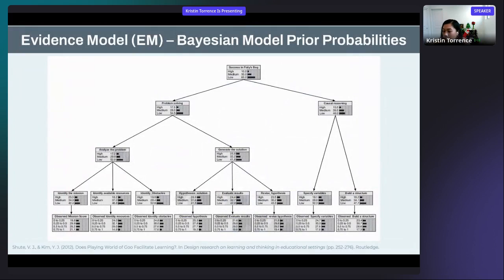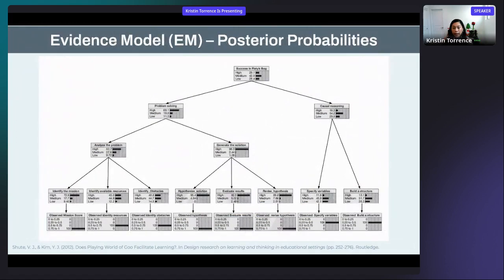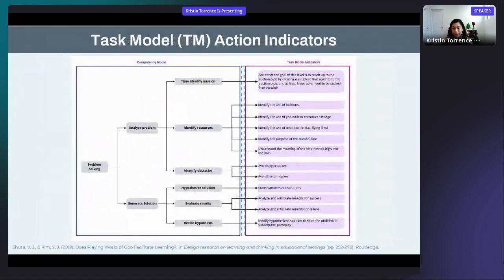Another example of what this Bayesian model, this probability model, looks like, and an example of how, when evidence is entered into the system, it affects the probabilities of players' competency in each of these sub-competency facets.